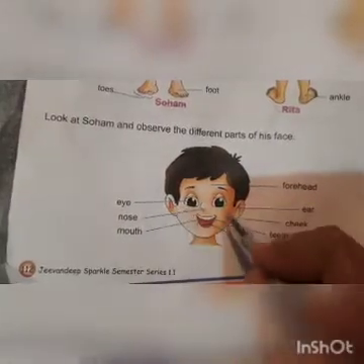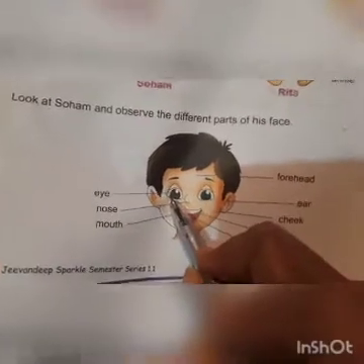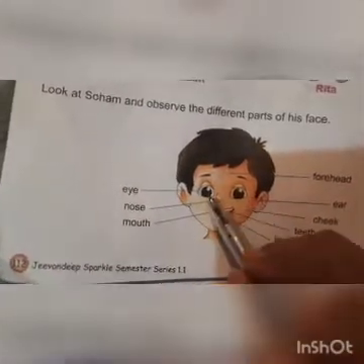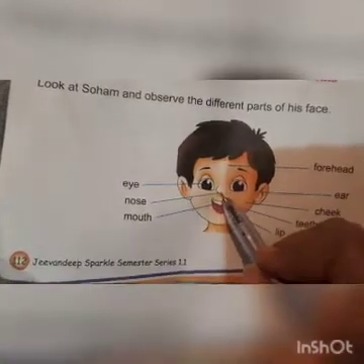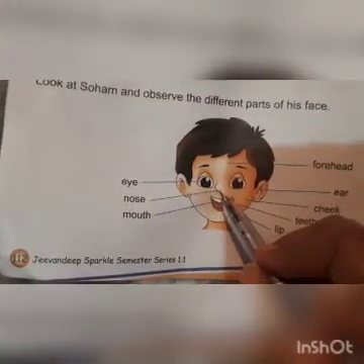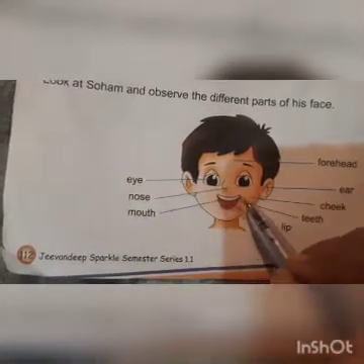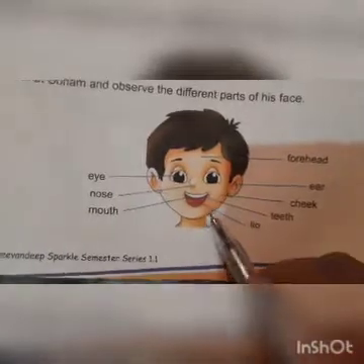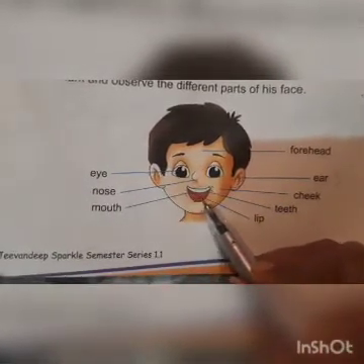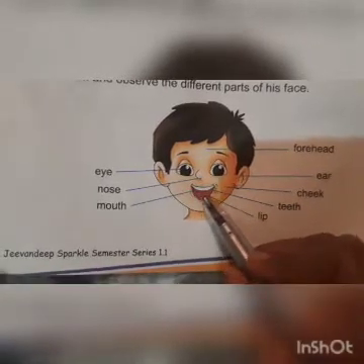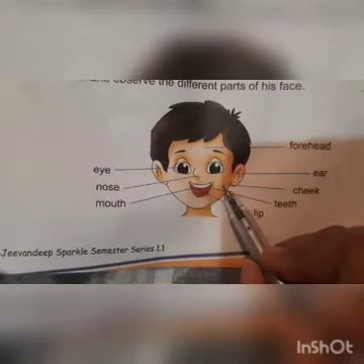We have two ears. This is eye. We have two eyes. This is nose. We have one nose. This is mouth. This is lip. These are teeth. This is cheek.